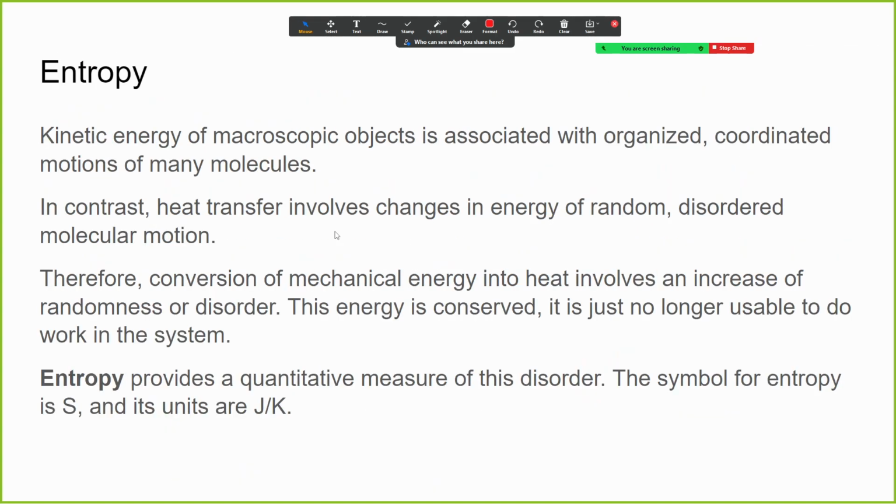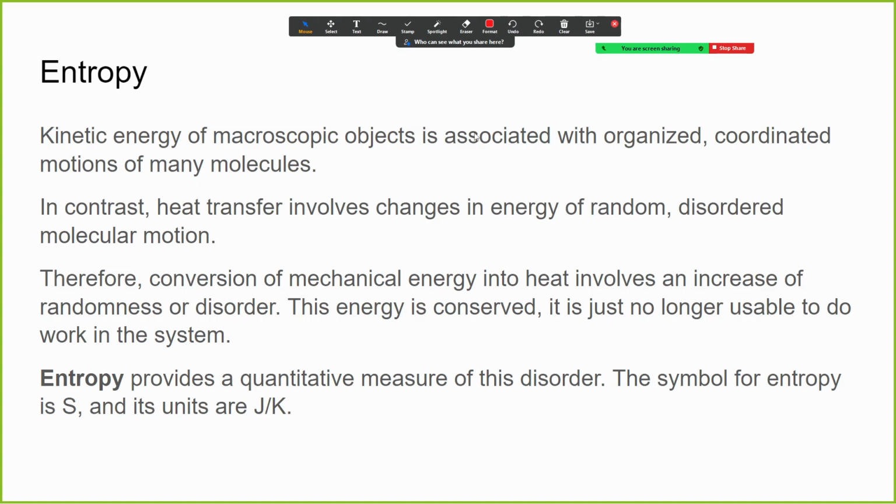So entropy itself. Kinetic energy of macroscopic objects is associated with organized, coordinated motions of many molecules. Thermodynamics is very different. Heat transfer involves changes in energy of random, disordered molecular motion. And so the conversion of mechanical energy into heat involves an increase of randomness or disorder.